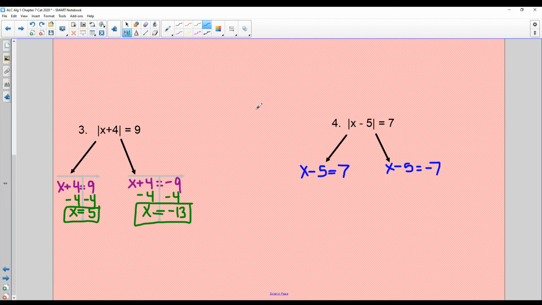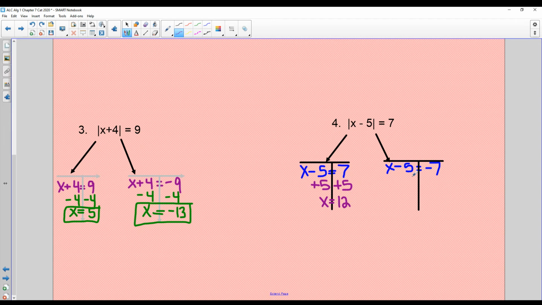All right, then we're going to t-chart it. How do you undo a -5? That's right, you're going to add 5. What's 7 plus 5? So on one side you have x equals 12.